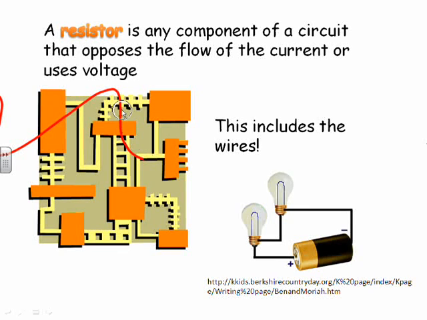So light bulbs are resistors, and motors are resistors, and we'll talk more about motors later. But anything that gets thrown into a circuit that impedes current is going to be a resistor. Even the wires. Wires are resistors themselves. And there's a really intricate way of calculating the resistance of a wire, and we may or may not get into that. We might not have time.